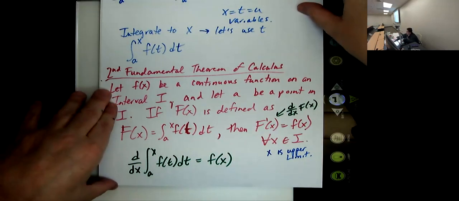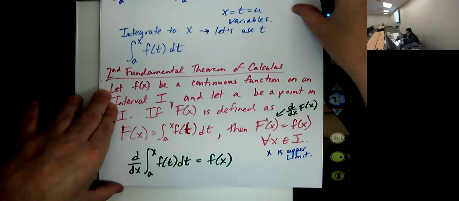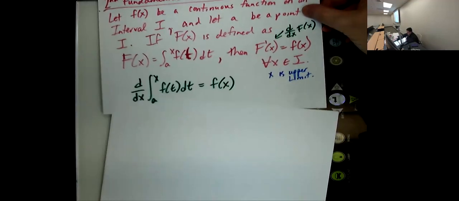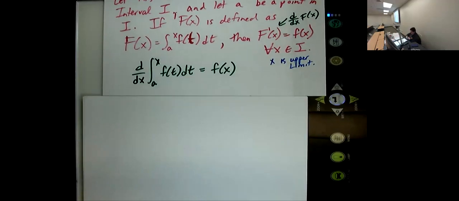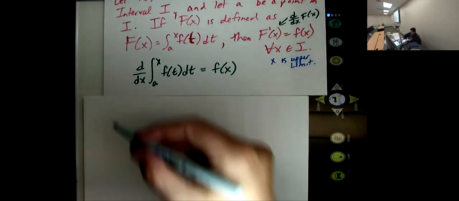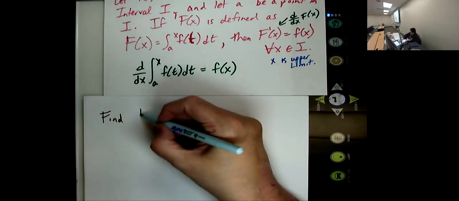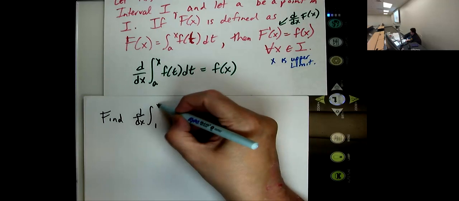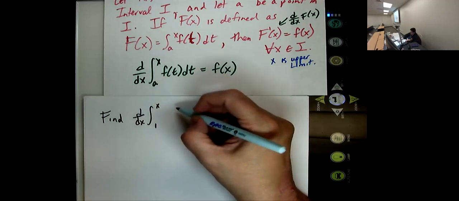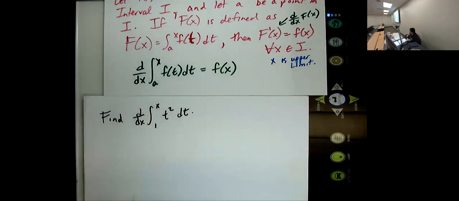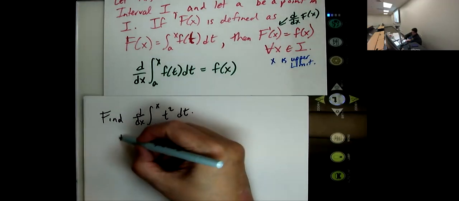I'll make a video this weekend to show the proof, but I want to walk through a problem real quick. It's pretty quick. So let's say we've got, find d dx of the integral from 1 to x of t squared dt. So we could do this, we could do d dx.